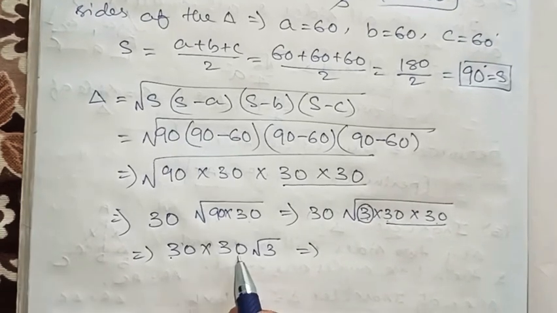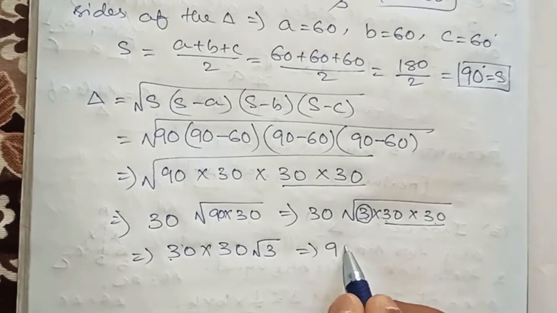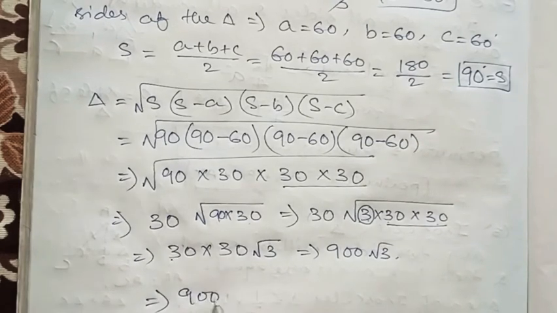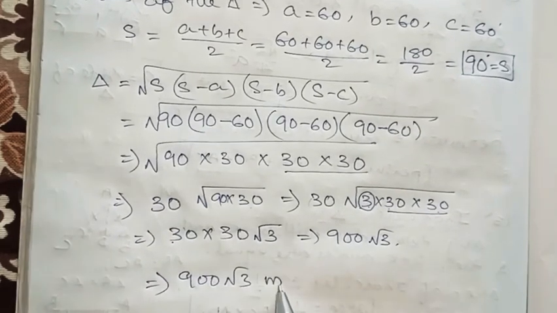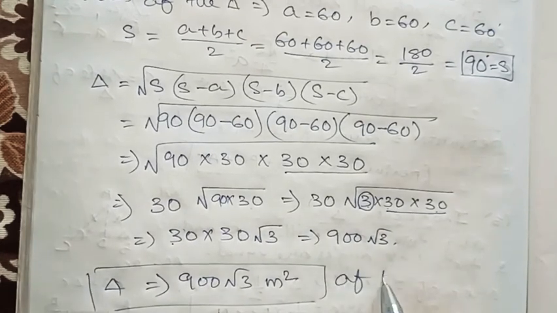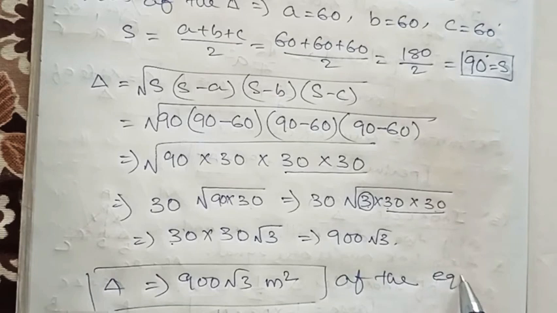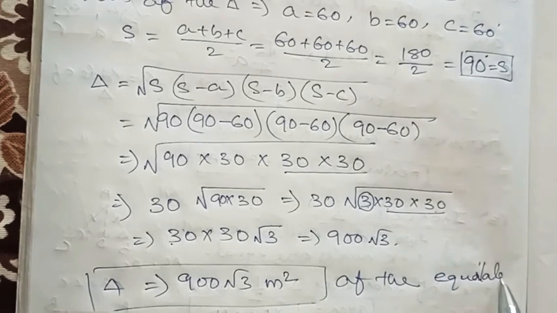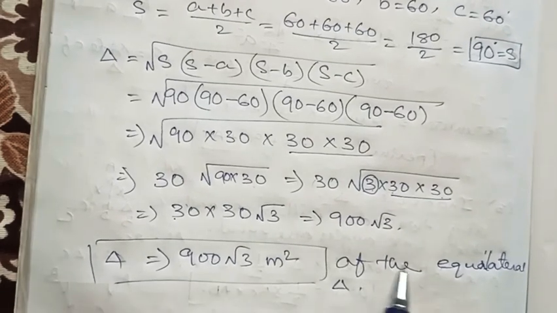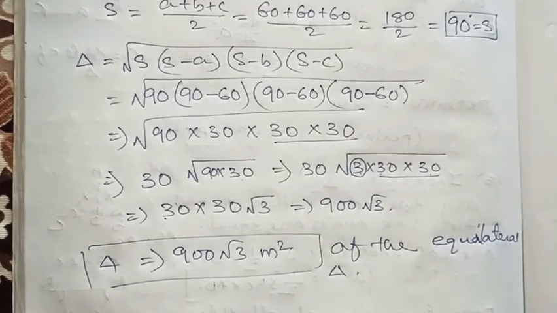Now 30 into 30, 3 threes are 9, so 900 root 3. That is 900 root 3 meter square is the area of the equilateral triangle. So this much is the area of the traffic signal board.